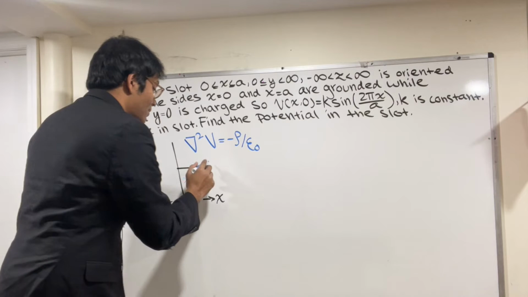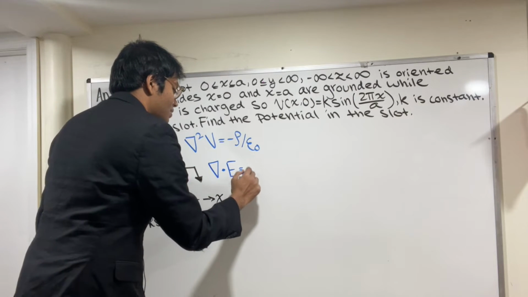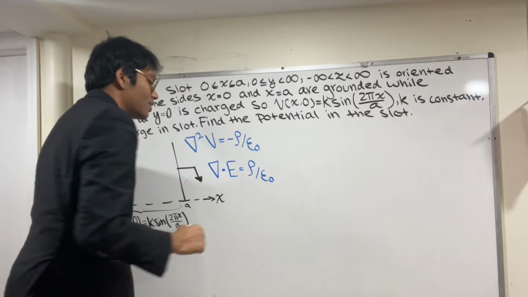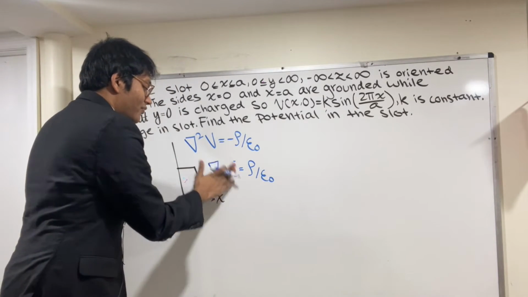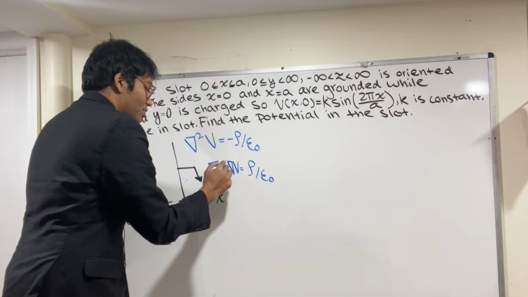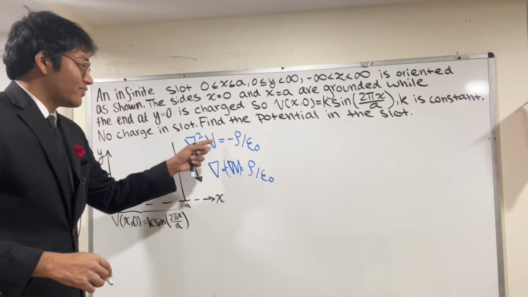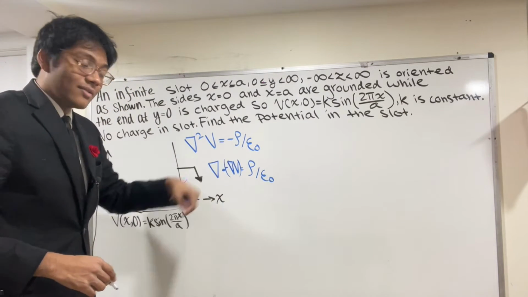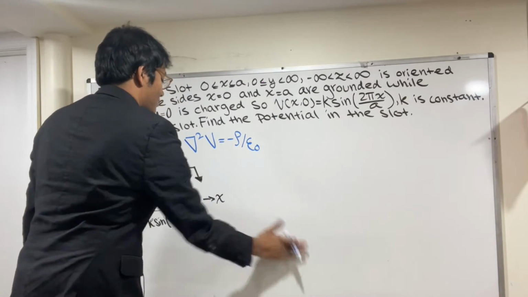This simply comes from Maxwell's equation that the divergence of the electric field is the volume charge density over epsilon naught. But we know that the electric field is nothing more than minus the gradient of the electric potential. And that's where you get this from. And that's where this minus sign comes from, by the way. So that's where this whole equation comes from.